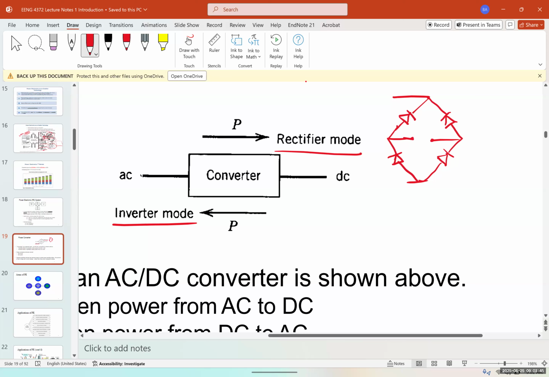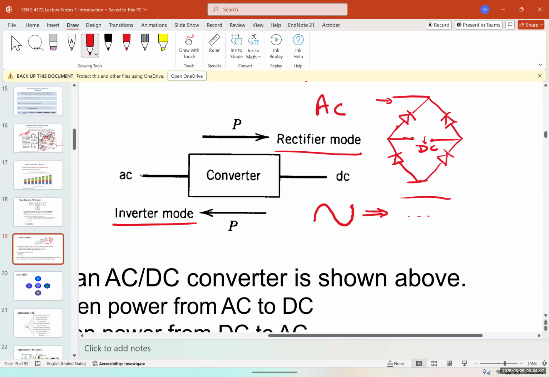This converts AC to DC. So AC input, DC is the output. We have an AC input, and the rectifier converts it to DC.